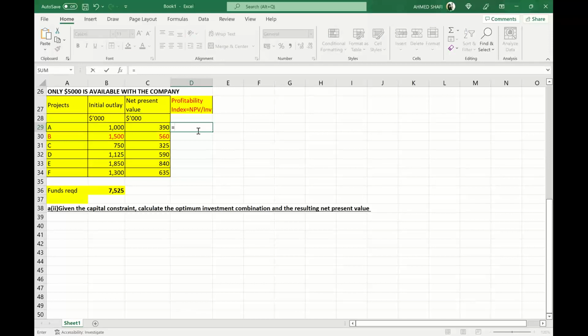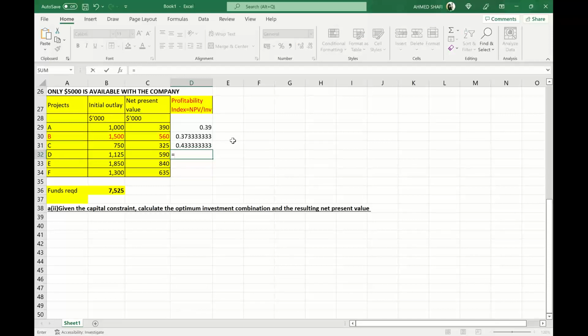Project A, profitability index, NPV is 390, over investment is 1000, 0.39. Profitability index of B, NPV 560, over investment 1500, 0.37. Profitability index of C, NPV 325, over investment 750, 0.433.